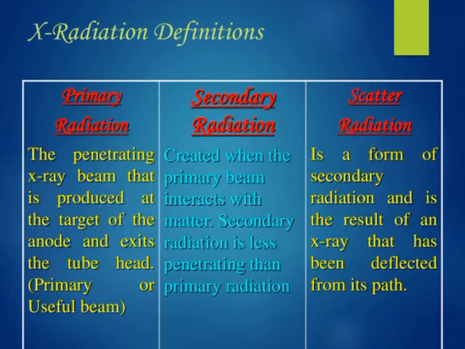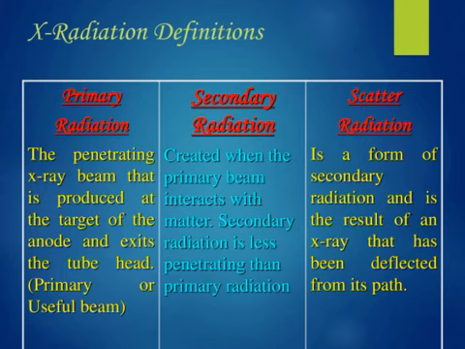So basically, the radiation which comes out from the X-ray machine is called primary radiation. The radiation which interacts with the matter is called secondary radiation. And any secondary radiation which hits the matter and moves in a different path, which we call scattering, is called scattered radiation.